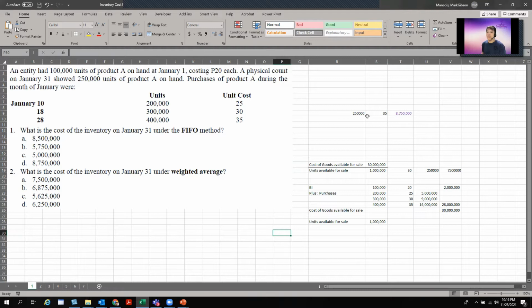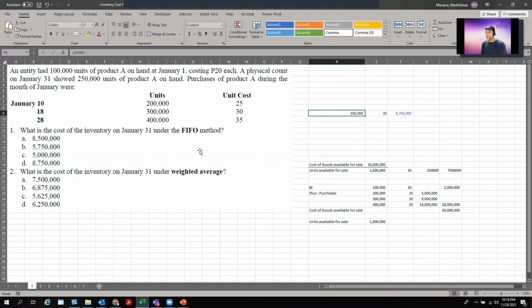Ayan, 250,000 units. Under first in first out method, yung matitira sa ending inventory natin would be coming from the most recent purchases, so yung pinakahuli in terms of purchases.